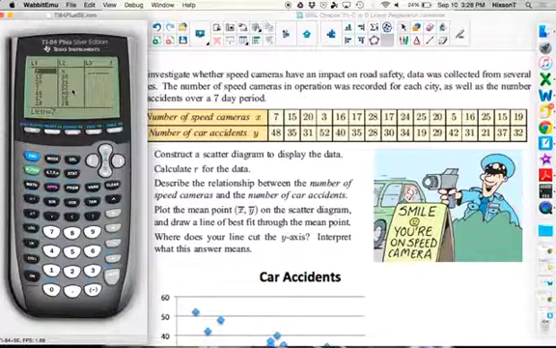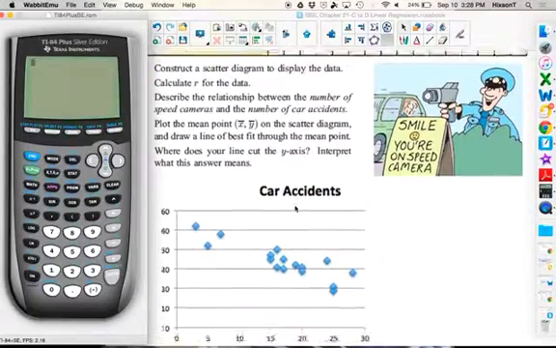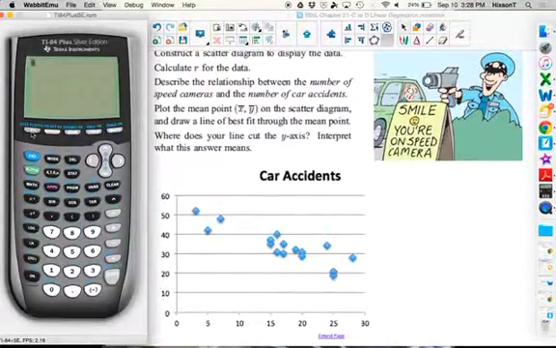Is anyone else still working on getting their data put in? Okay, so at this point, what we need to do is quit out of this. And notice it says construct a scatter diagram. I showed you how to do that with stat plot earlier. If we do stat plot, number 1, we're going to turn it on.